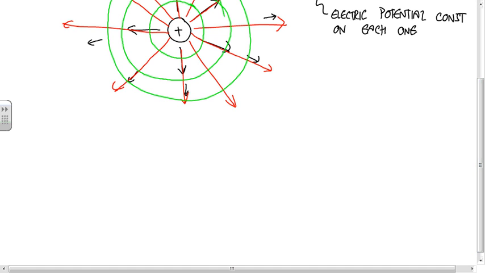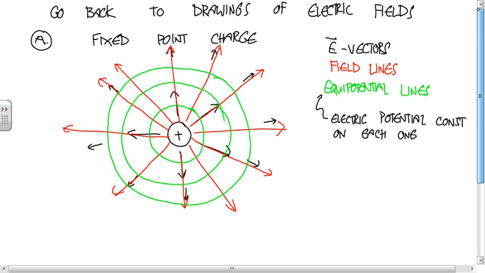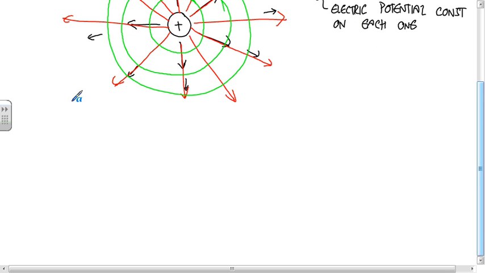There were two other types of fixed charge profiles that we talked about. One was, for B, let's think about two opposite fixed point charges.